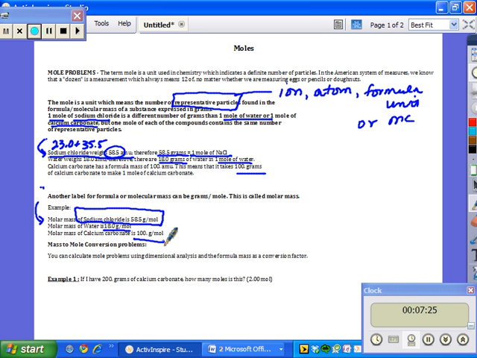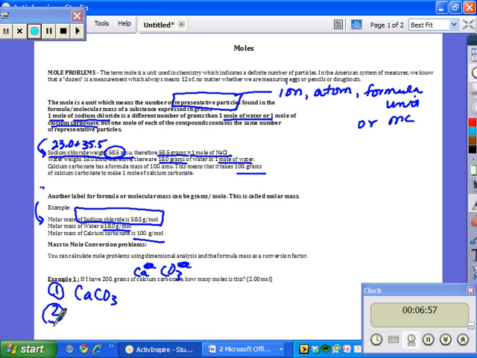Example 1. If I had 200 grams of calcium carbonate, how many moles is this? Step 1, I have to write a formula for calcium carbonate. Calcium is Ca plus 2, carbonate is CO3 negative 2. Because they're opposite charges, I can cancel those out, and calcium carbonate is CaCO3. Step 2, I look on the periodic table and find the molar mass.